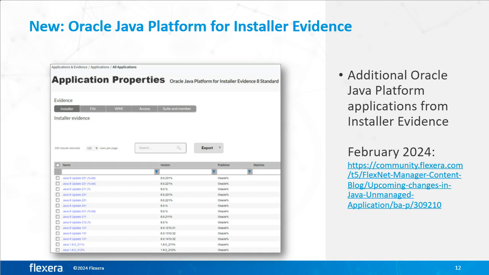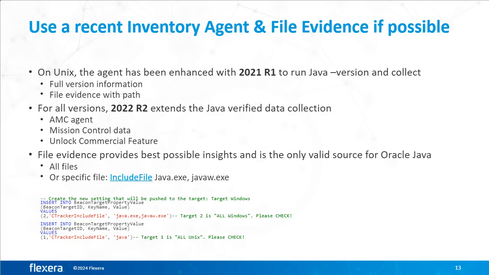Okay, let's go. So this is more a detailed slide. We don't cover too many details here, but sure, it's not only the FNMS version, it's also the agent version required, because the Java verification was introduced with our 22.2 release, right? So hopefully you have the agent deployed. If not, this is a requirement here, the agent version.